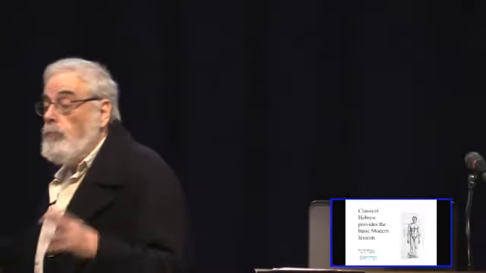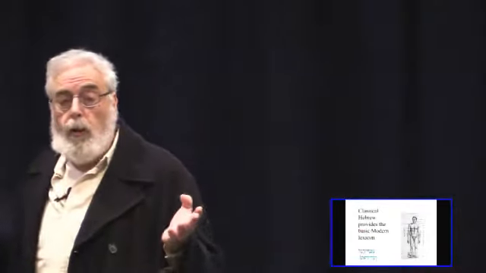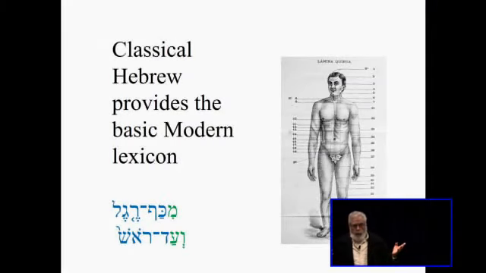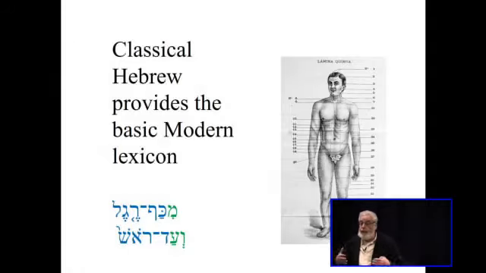So, how did it happen? First of all, it happened in many aspects of language, but the most understood and closest to our heart and mind are words, vocabulary, the dictionary.